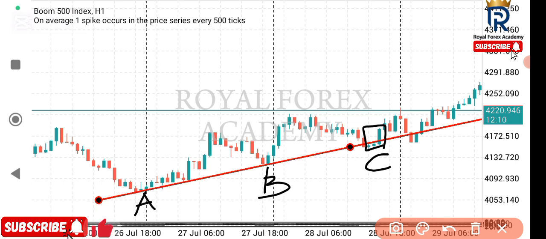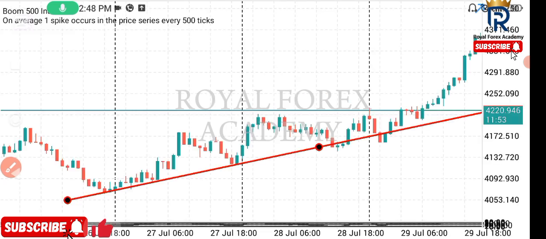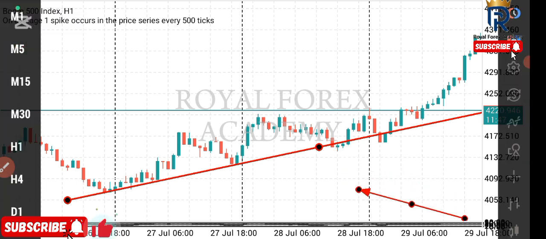But look at something here. Something happened at this particular zone. Here you realize that price broke out of that trend line, which is the two candles that you are seeing. So which means that after making a buy entry from this first touch, definitely the stop loss will be somewhere here.